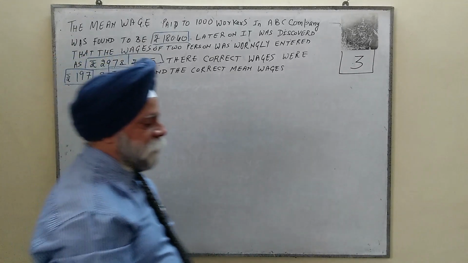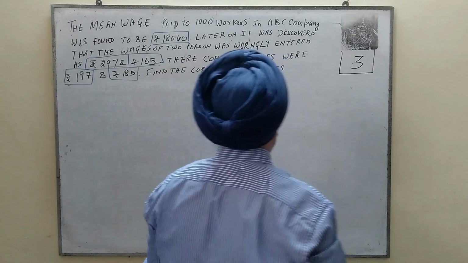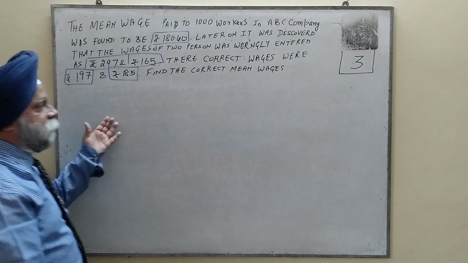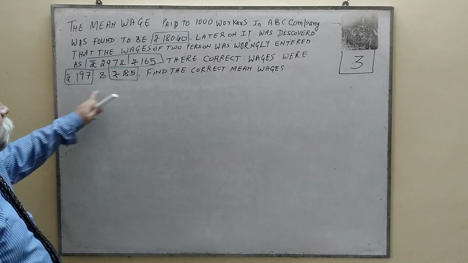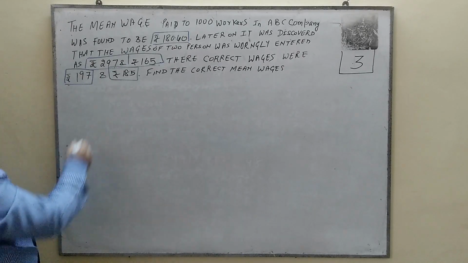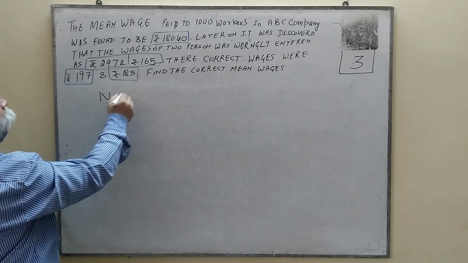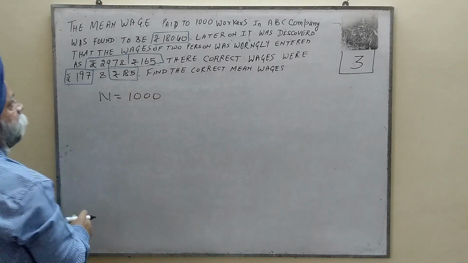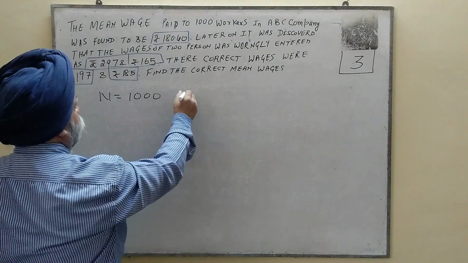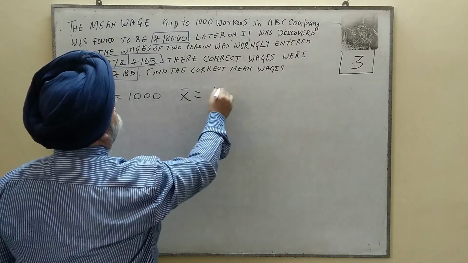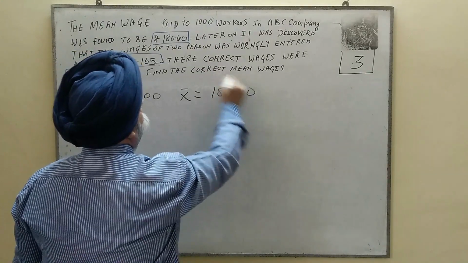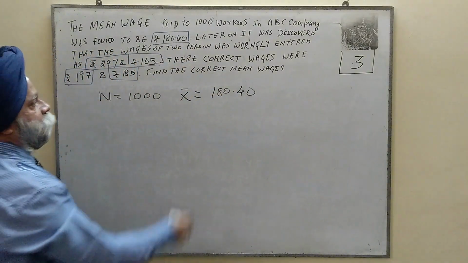In a similar way, first of all we will find the incorrect sum, subtract the incorrect values and add the correct values. Here n is equal to 1000. X bar has already been given as rupees 180.40.